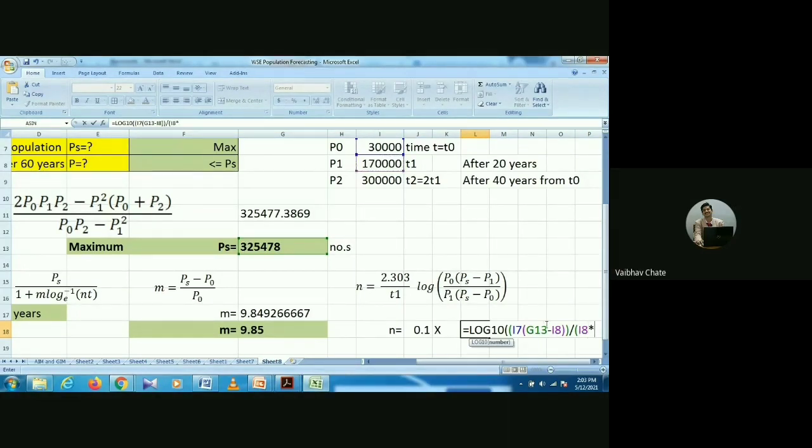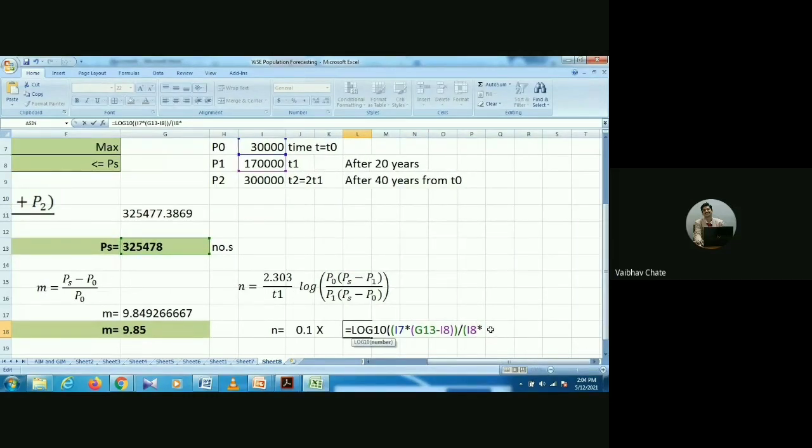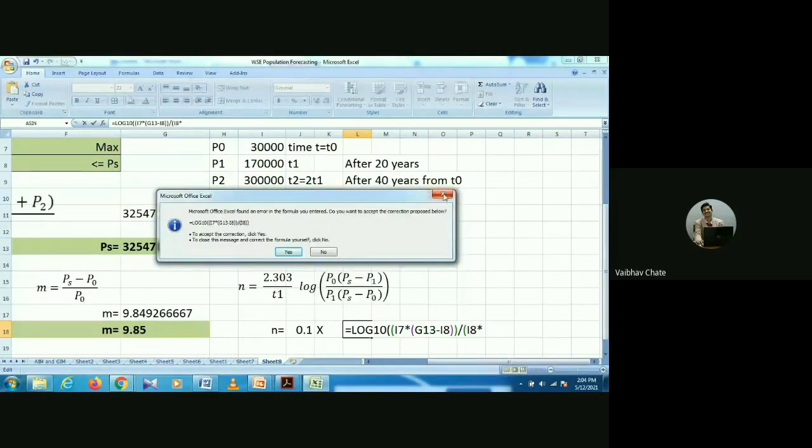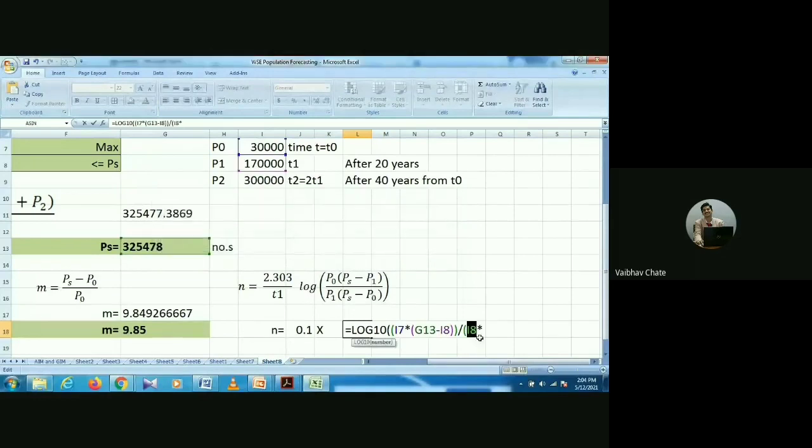I have considered P1 star in bracket, that is Ps value 3,25,478 minus P naught, minus of how much?